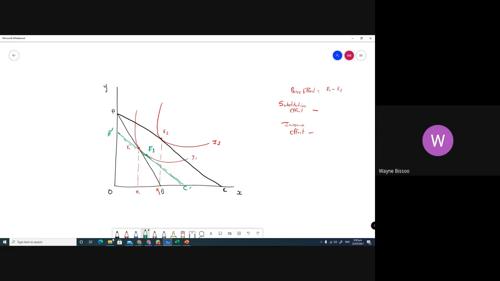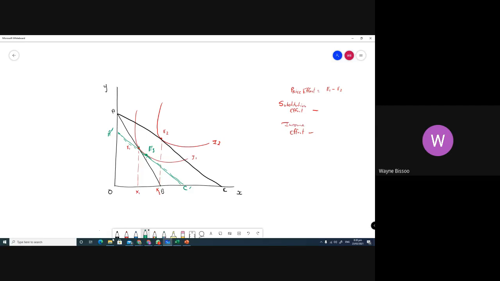So this is the amount of substitution that we would have attempted to get back when our initial situation was disturbed. Notice what we're going to be doing here.